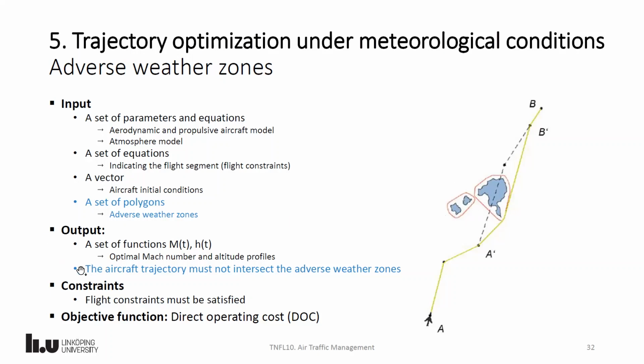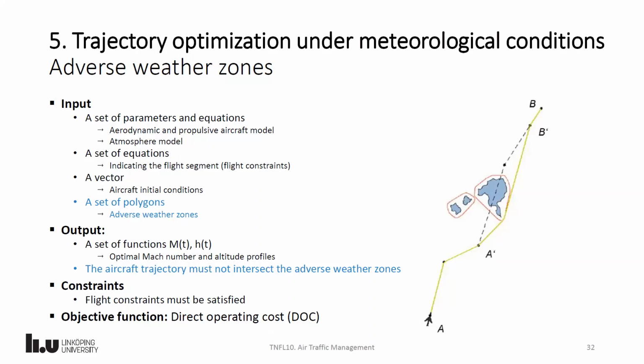And I messed up, because this needs to be in constraints. The output is a set of functions, and this blue one is over here. Sorry for the mistake. I will correct it before uploading it to the web page. So we must add an additional constraint, which is that the aircraft trajectory must not intersect the adverse weather zones.